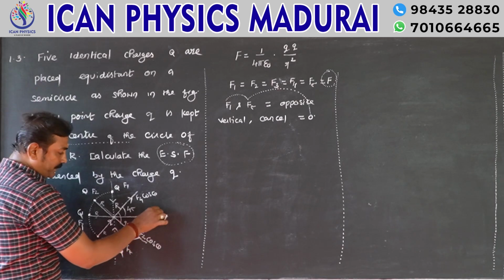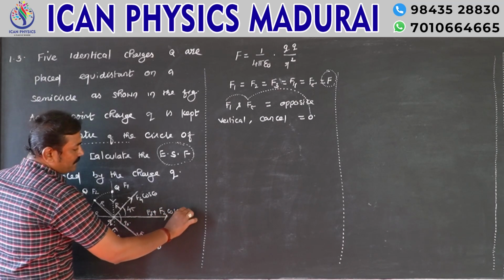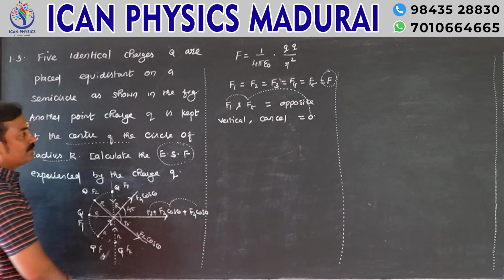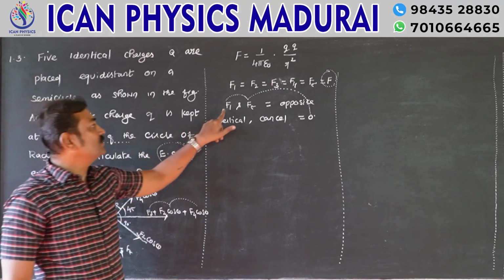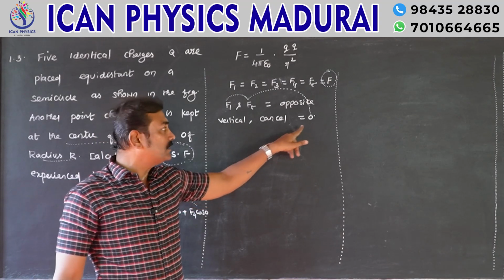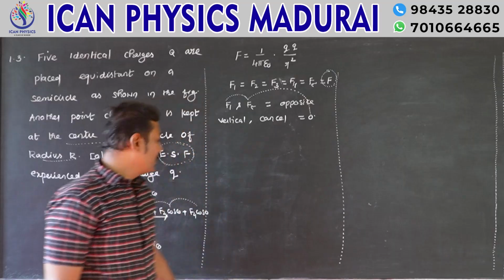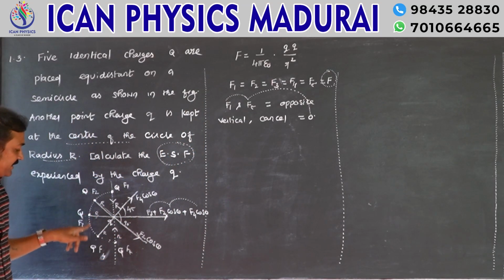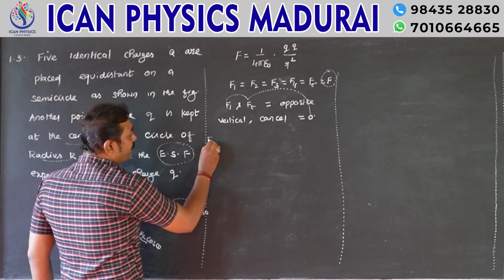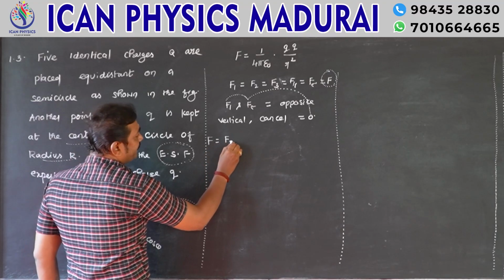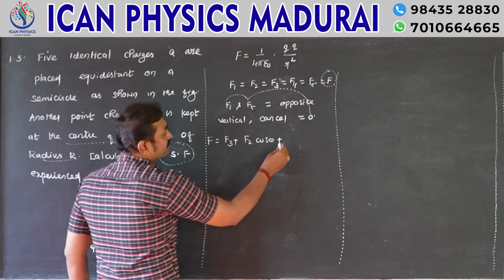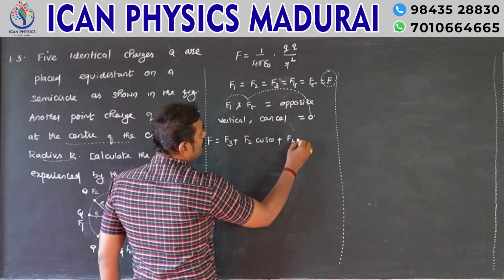So F3 plus F2 cos theta plus F4 cos theta is the resultant force. Among the 5 forces, the first one and the fifth one are equal, opposite and vertical components, so they cancel each other and become 0. But what happens to F2, F3 and F4? They act along the resultant direction. So the net force equals F3 plus F2 cos theta plus F4 cos theta.